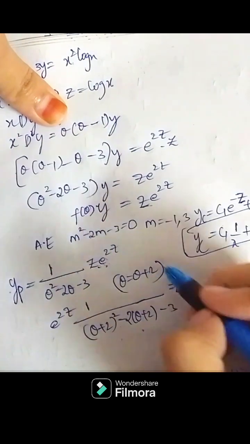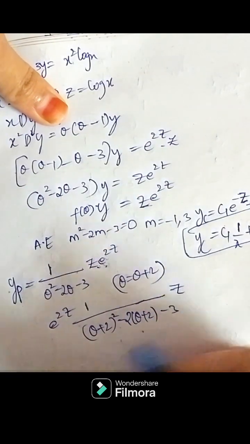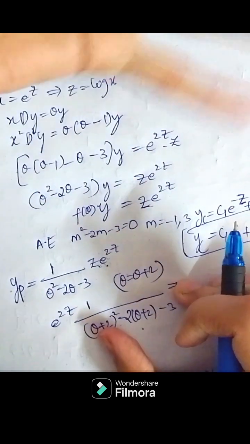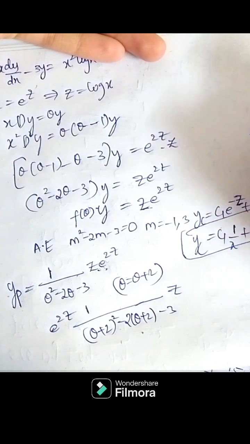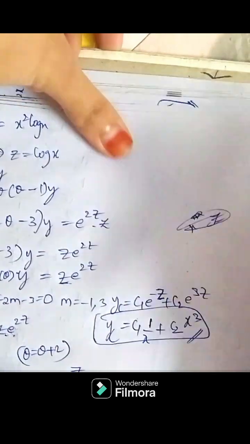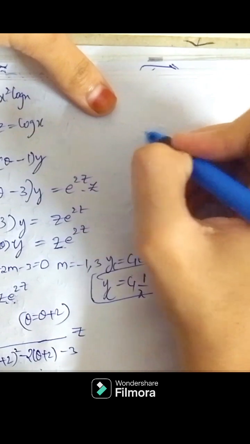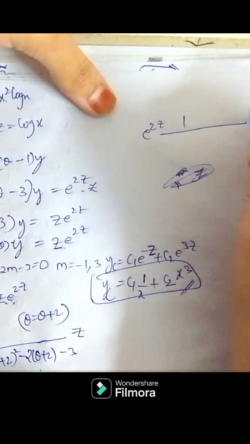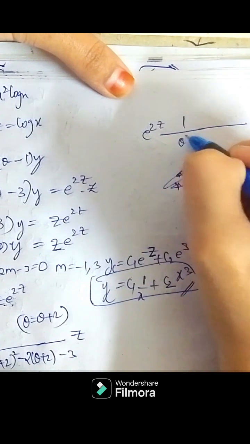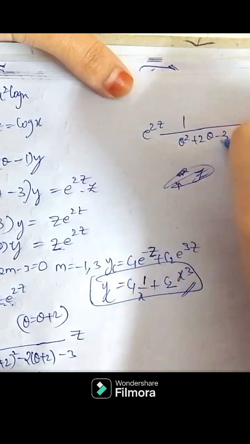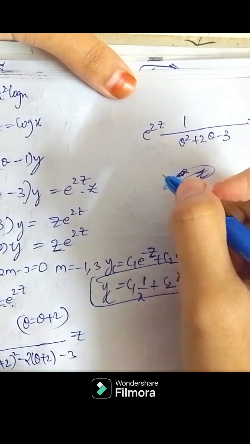Okay. Next, which case will it come under? The third case now. It's like the x power m case. Here m is 1. It's like only z is there. Okay. So we'll solve here. e power 2z, 1 by theta square plus 4 minus 1. So I'll get plus all theta square plus 2 theta minus 3 into z. Okay.